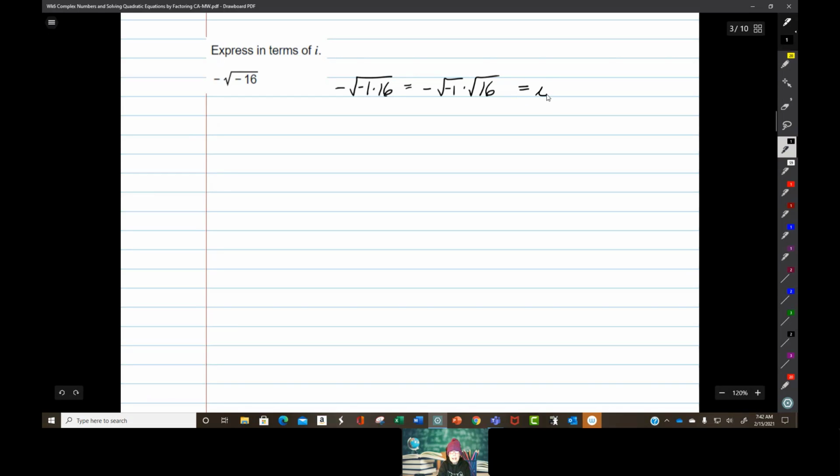So this is going to be negative i times 4, which would commonly be written as negative 4i. And again, you don't have to write it in terms of a plus bi unless the blue letters underneath the answer box tell you to do that.